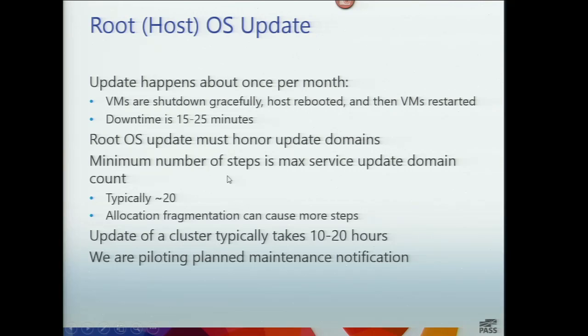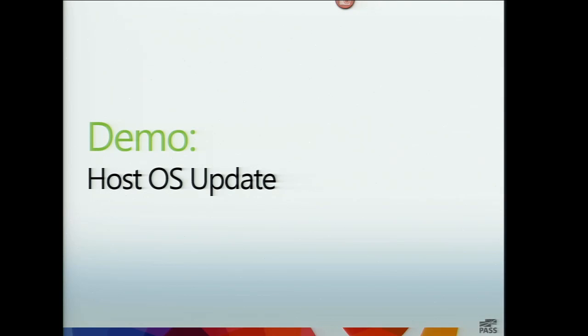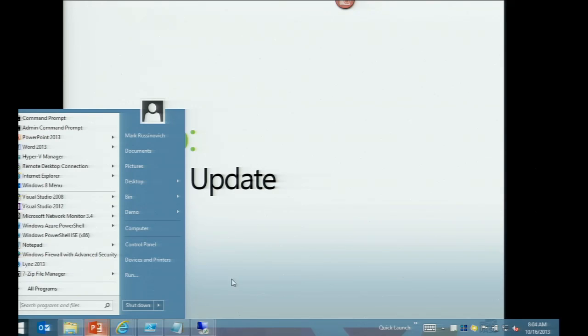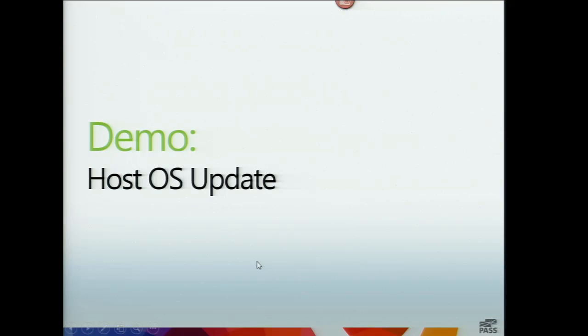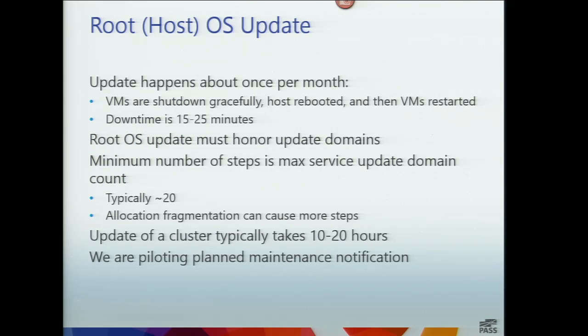Now, the challenge we've got is honoring these update domains, which means we've got to march through the data center in a very orchestrated way. This makes it very hard for us to predict when we're going to be taking down a server. We also do the rollouts gradually to see if there are any problems.